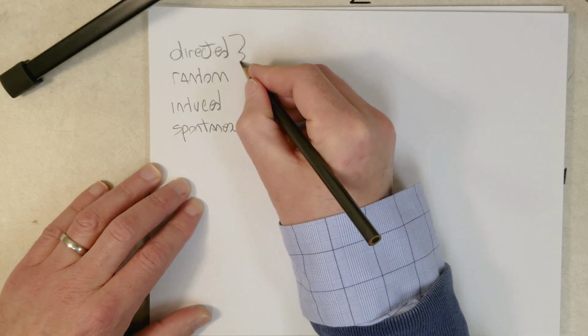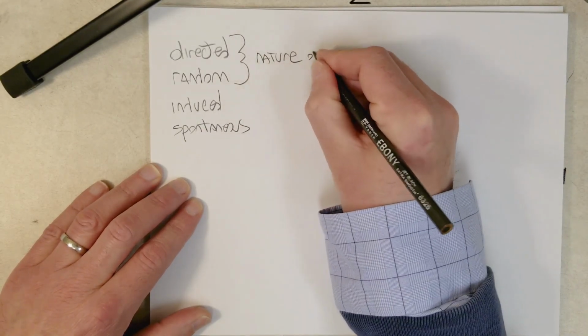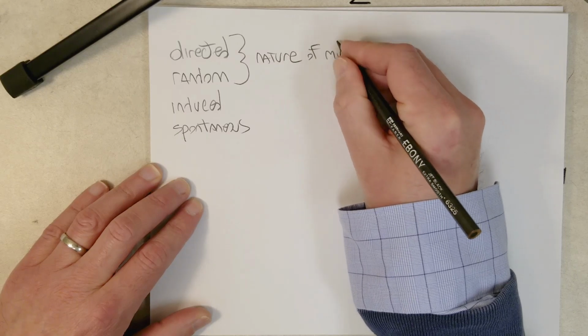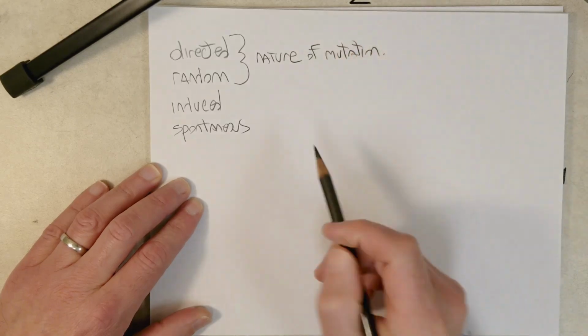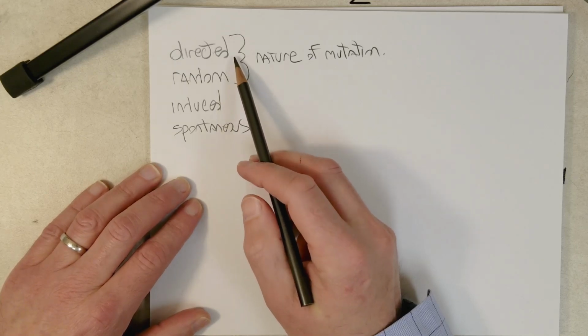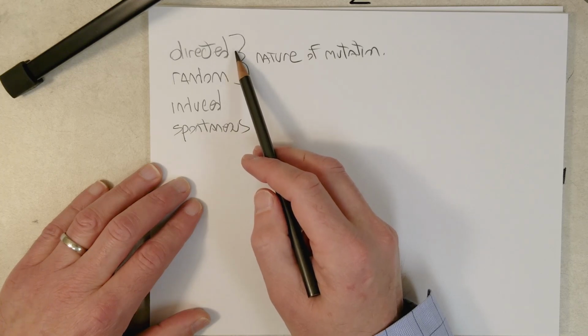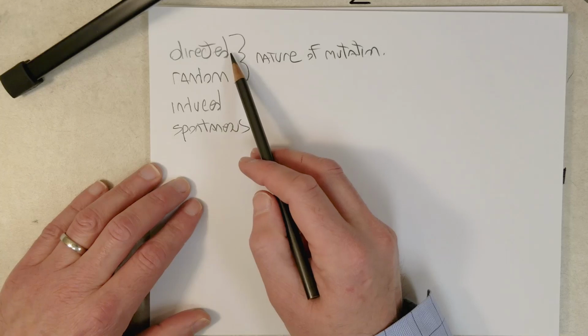Now, we use these terms when we were talking about the nature of mutation. So, do they occur, say, randomly throughout the genome, or do they occur in specific genes in response to a certain environmental agent? In that case, they would be directed to certain genes.